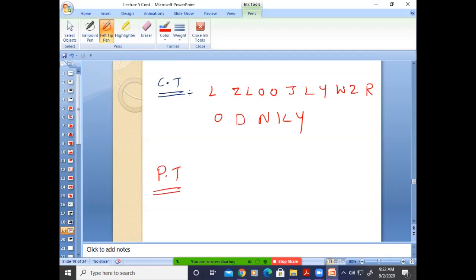Now identify the plain text. Don't go for the frequency of letters and compare with the general English letter frequencies, because the message is short. So we can go for observation. Try to observe the letters and try to get some idea of what the pattern or permutation may be.